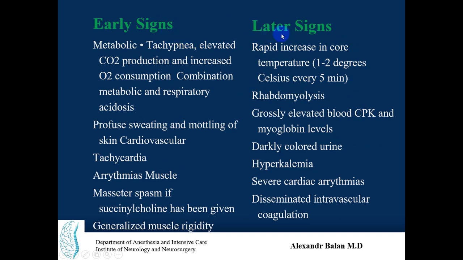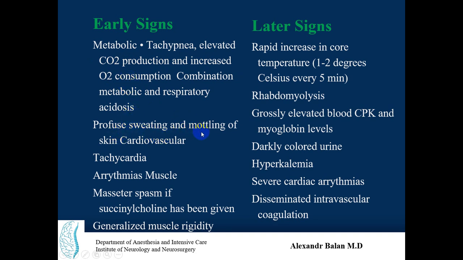So, early signs and later signs. Early signs should be recognized, like metabolic tachypnea, elevated production of carbon dioxide, and increased oxygen consumption, and of course a combination of metabolic and respiratory acidosis from hypermetabolism and production of carbon dioxide.